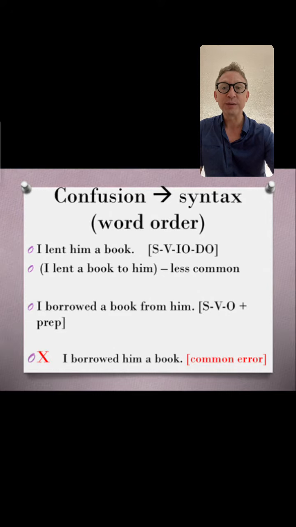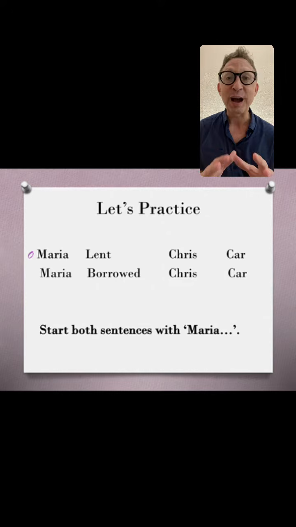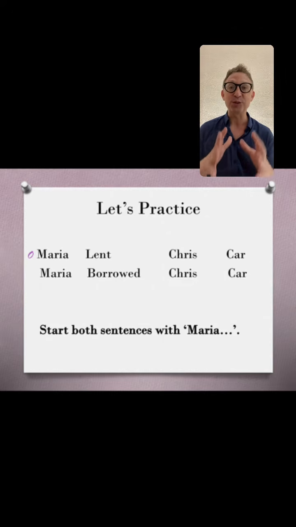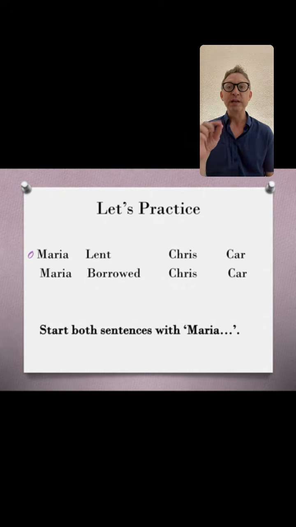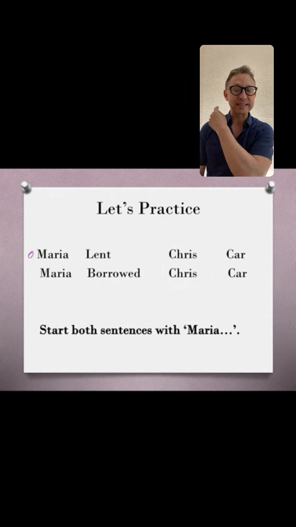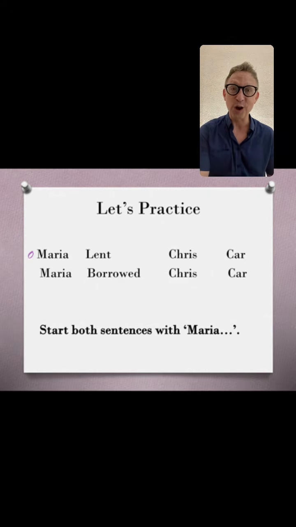This is a little bit tricky, but I'd like you to do some in-class homework. I would like you to think about the sentences and try to construct them appropriately. We have Maria, lent, borrowed, so past tense, Chris and car.